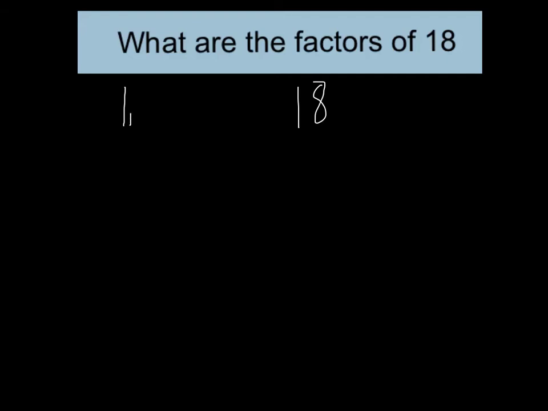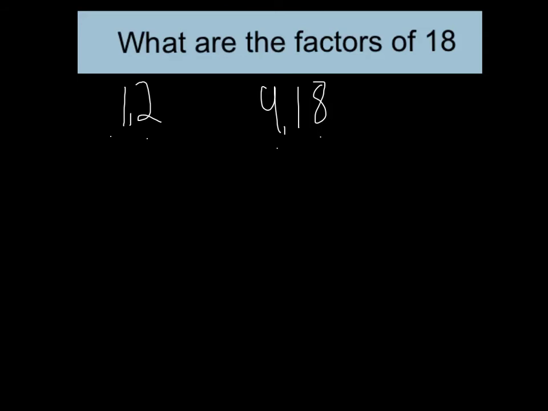Is 2 a factor of 18? Can I multiply 2 by anything to get 18? Yes, I can. I can do 2 times 9. Now notice that I'm listing them from least to greatest order. So I have 1 times 18 and then 2 times 9.